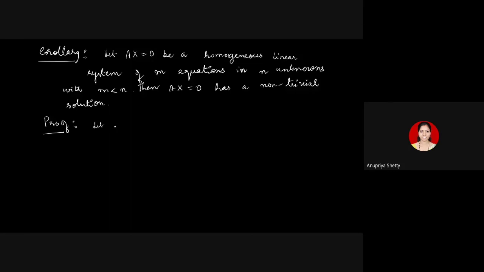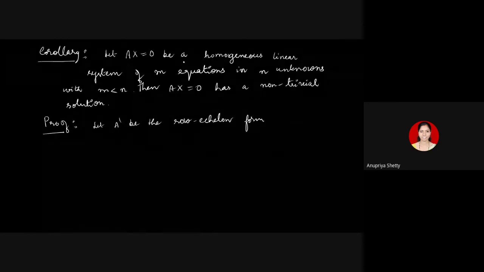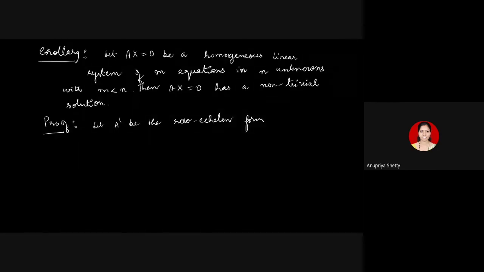Let A dash be the row echelon form. You can write the hypothesis given. Let Ax equal to 0 be a homogeneous linear system of m equations in n unknowns with m less than n. You can write up to that, what is given here.